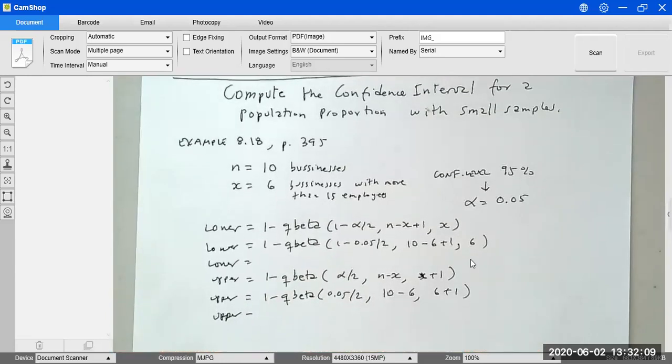So let's put this information into our R console and let's see what happens.